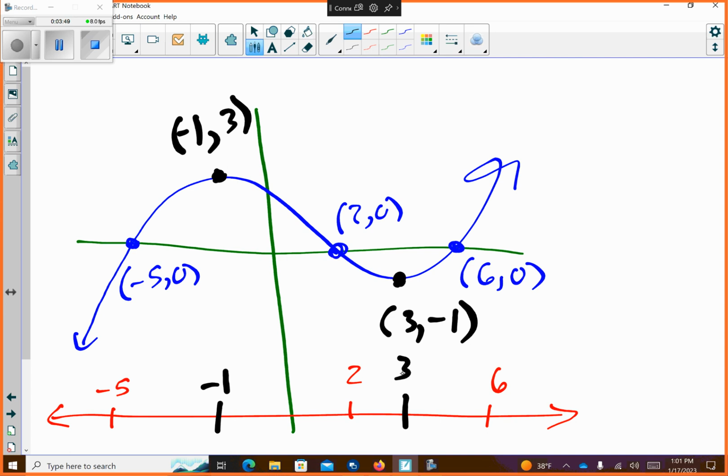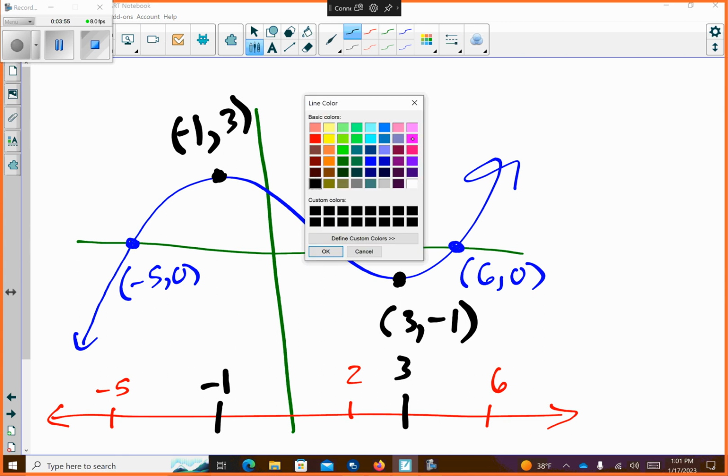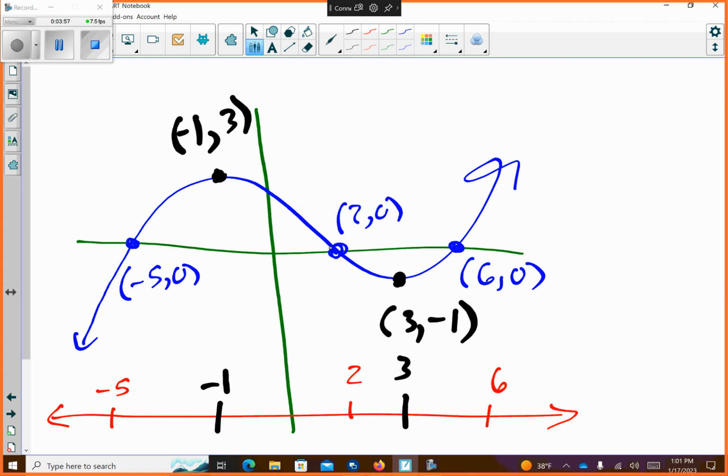I want to do something that sometimes will make a lot of sense, and sometimes you're like, wait a minute, where did that just come from? So over here, I'm going to do this, and this, and this.